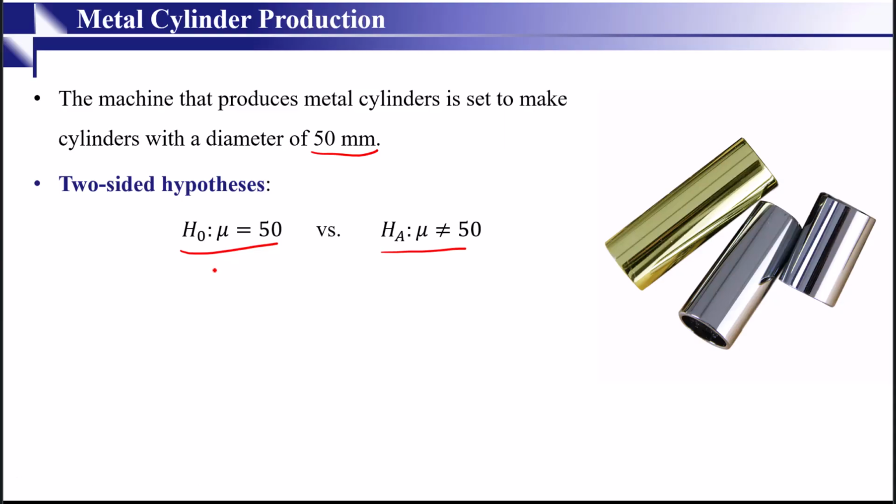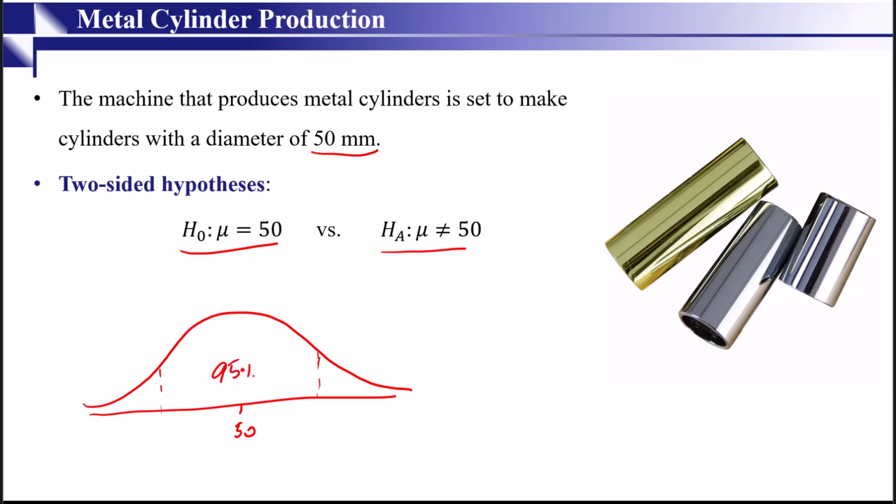So we can draw this if it is normally distributed like this, and mean is equal to like 50, right? Then we can say with the confidence of 95%, right? It means in here, we have 95%. So in this case, alpha is equal to 0.05, and alpha divided by 2, because it is two-sided, is equal to 0.025, right?